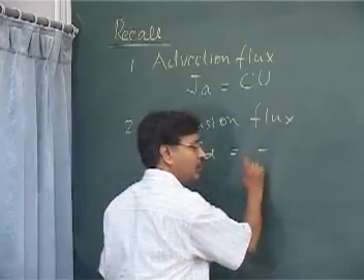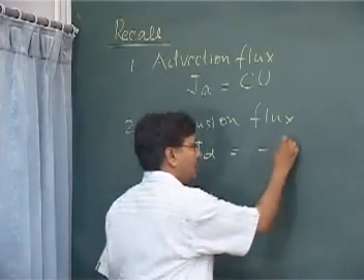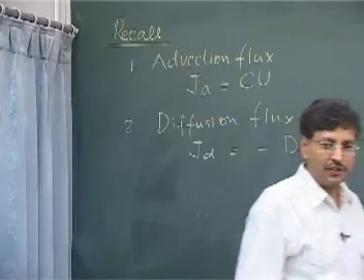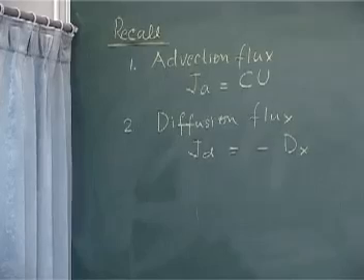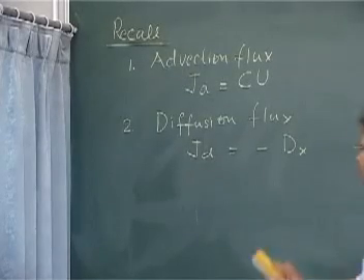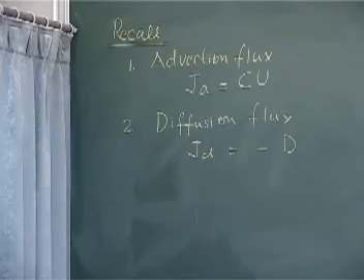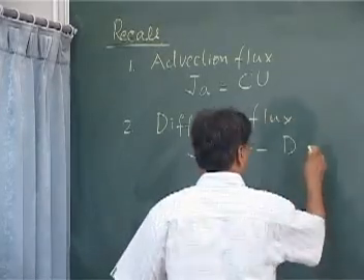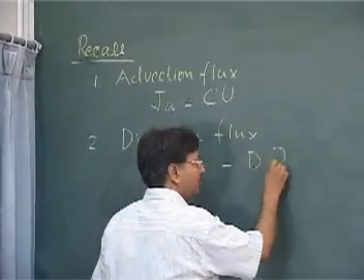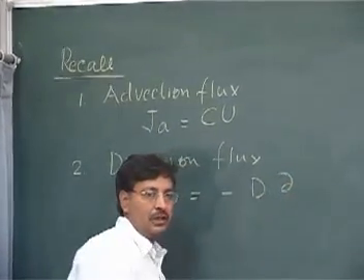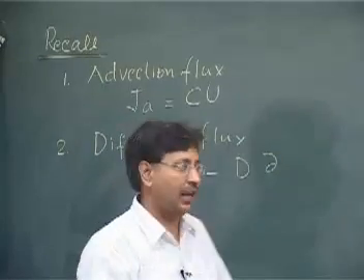That was negative diffusion coefficient. Did we say D_x or simply D? We'll write it D, then del C del x.